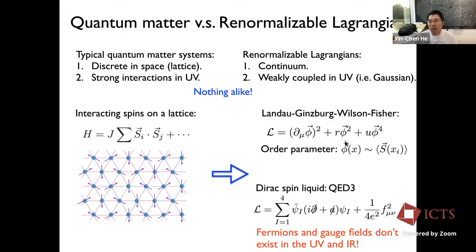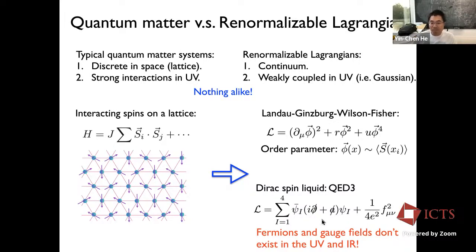But sometimes it becomes awkward or unnatural to use renormalizable Lagrangians to describe phases. The typical example is a spin liquid, which is one of the main topics of this conference. Particularly if you consider some strongly interacting critical spin liquid, like the Dirac spin liquid, that has Dirac fermions interacting with a U(1) gauge field. This again is a well-defined renormalizable Lagrangian.